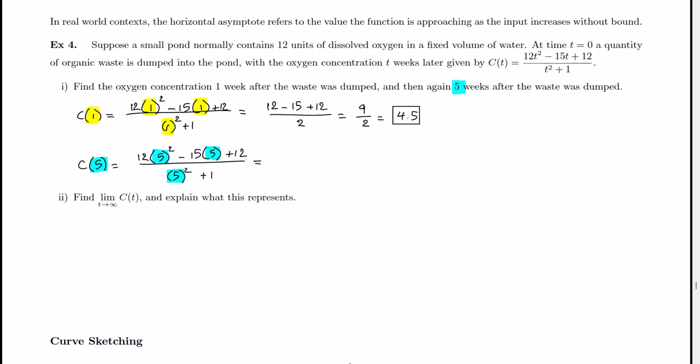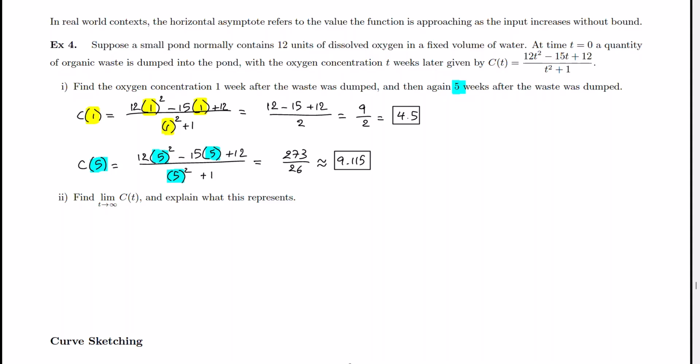And this one might require a calculator. When you plug everything into the calculator, it should be 273 divided by 26, which is roughly 9.115. So those are the concentrations of oxygen 1 and 5 weeks after the waste was dumped into the small pond.